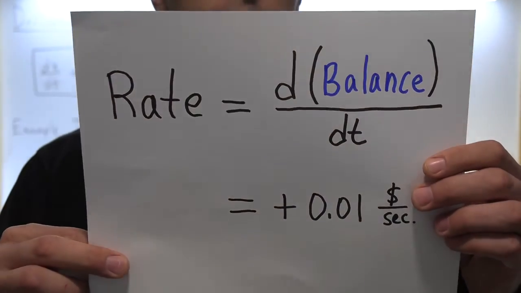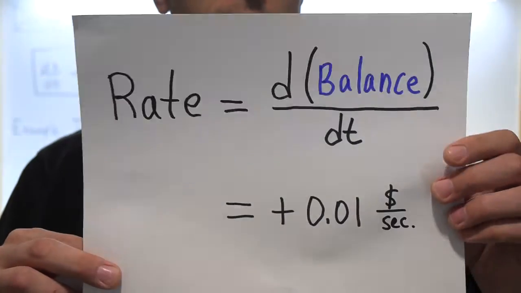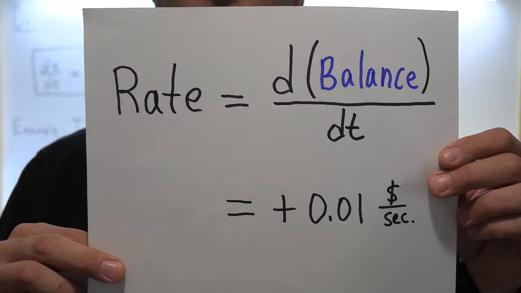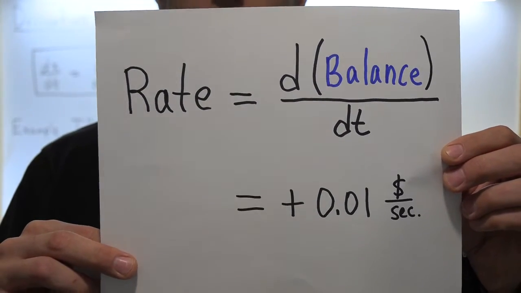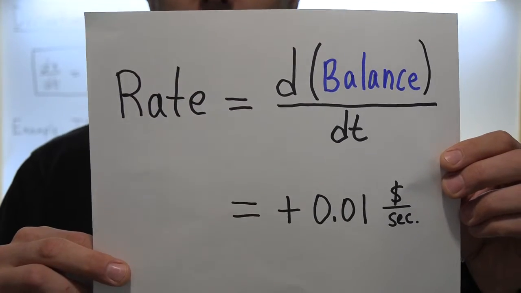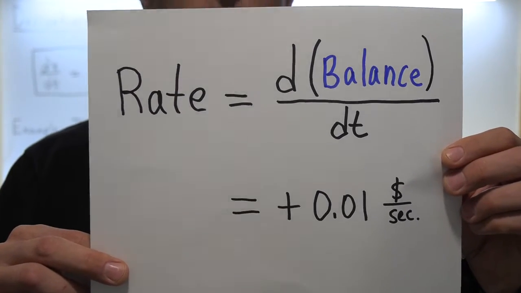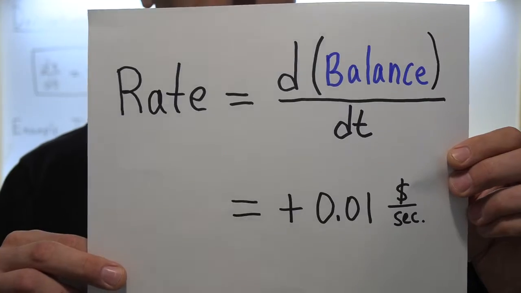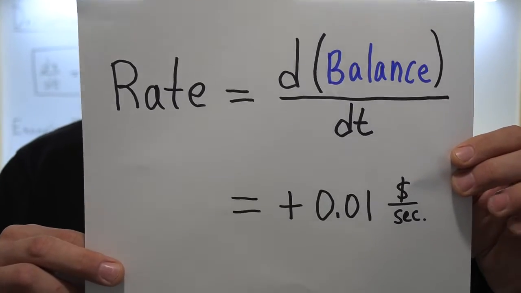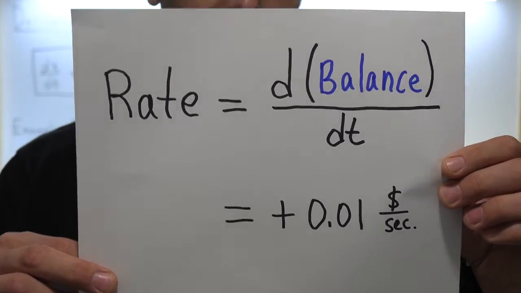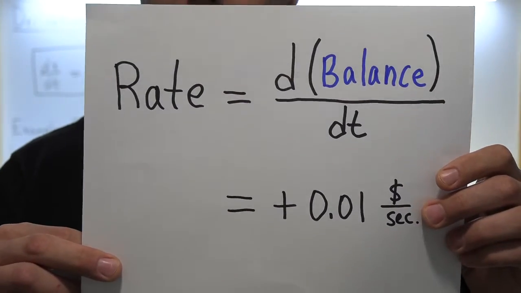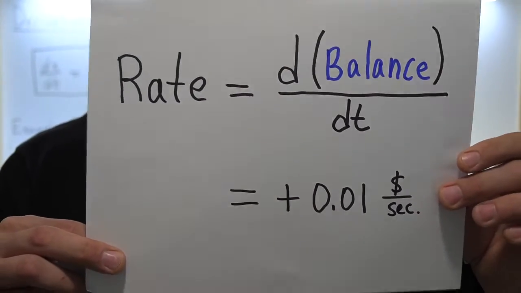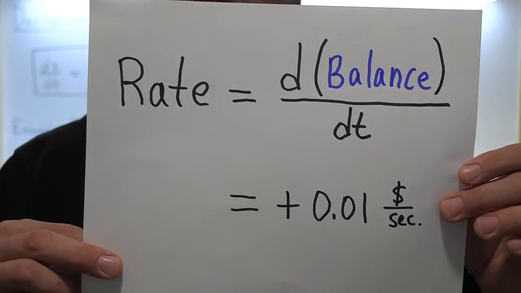And maybe you find that the derivative of your portfolio balance is 1 cent per second, meaning every minute you make 60 cents, every hour, 3,600 seconds, you make $36, and then every day times 24, and so on and so forth.